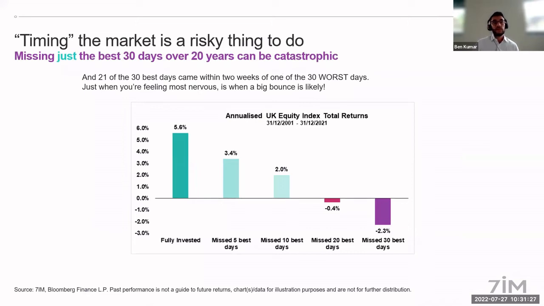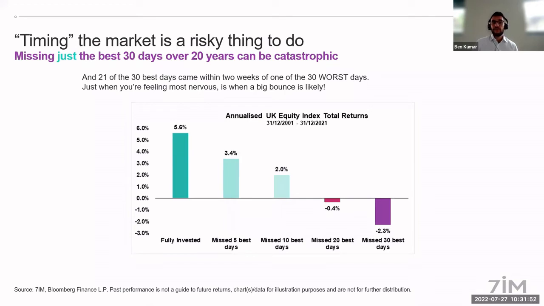If you look over the last 20 years and have just bought the FTSE 100 and taken your dividends and reinvested them, you'd have made 5.5% a year. Not amazing, but you were coming out of the 2001 tech crunch. You've had the global financial crisis, you've had Brexit, and you've had a COVID pandemic. 5.5% is not too bad, I don't think, really.